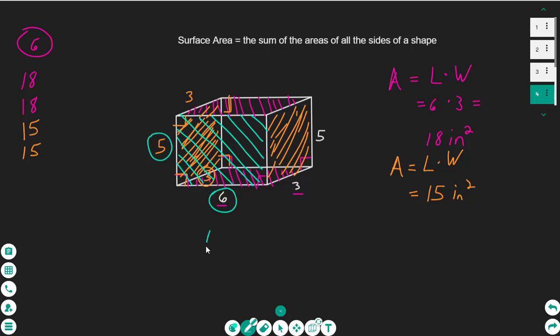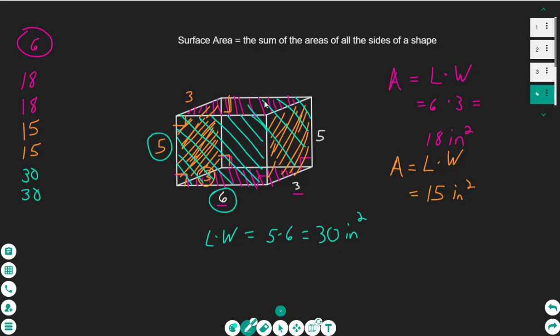So length times width is 5 times 6, which is equal to 30. And again, we'll call it inches squared. So the front is going to be 30, which then means the back, way back here, is also going to be 30. And now we have 2, 4, 6 sides that we've calculated.